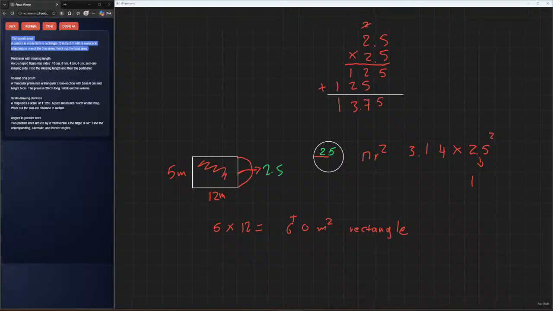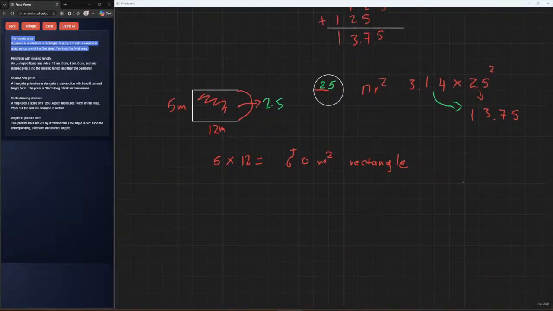So this becomes 13.75. So now we need to multiply this number with this number. So now if I do 3.14 pi r squared.